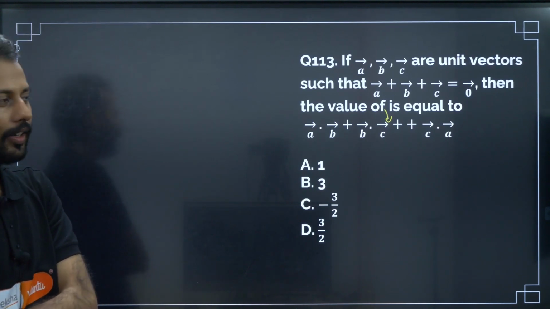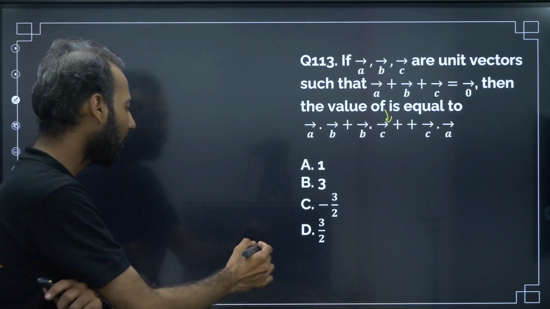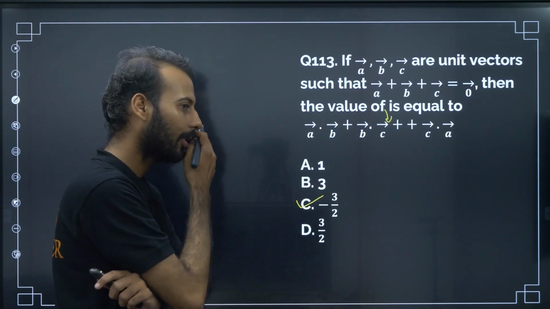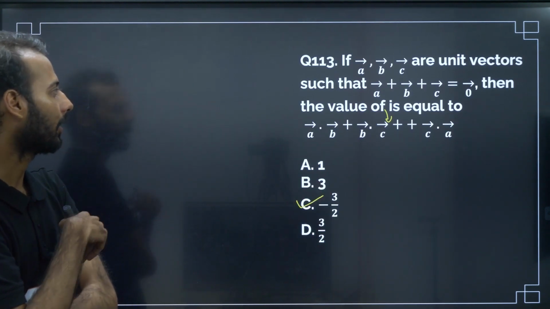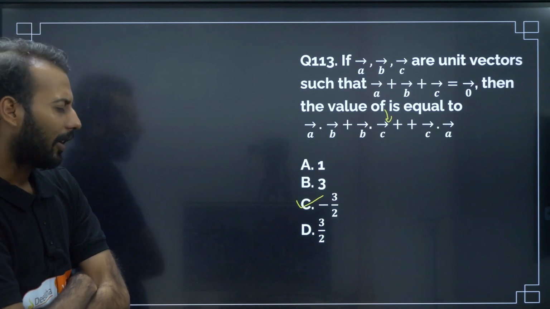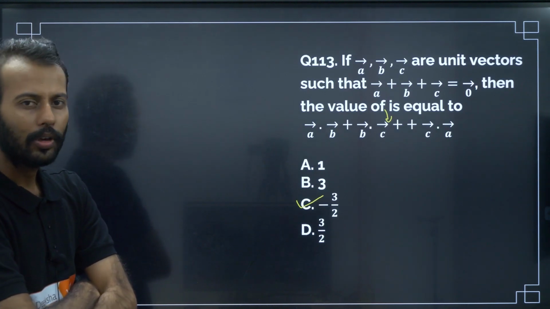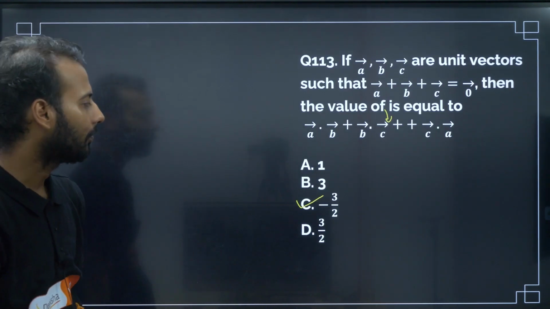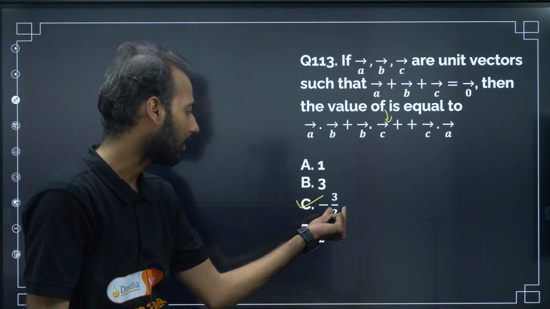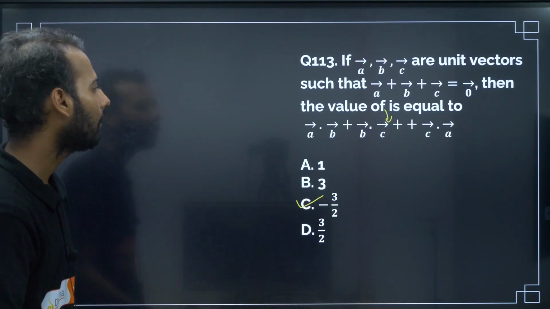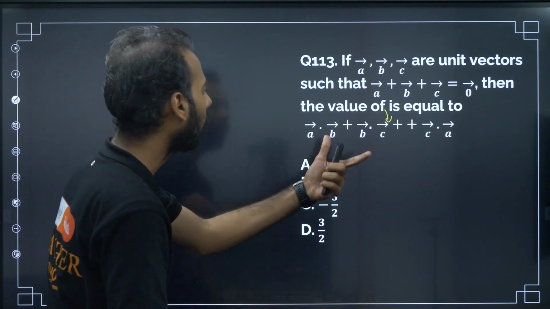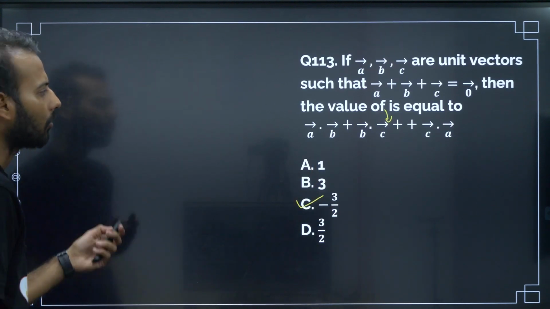If you have solved NCERT multiple times, directly we can write this as -3/2. But if you have not solved it, it is very problematic. We have to go for solving. Anyways, those students who are interested in solving, you can go.